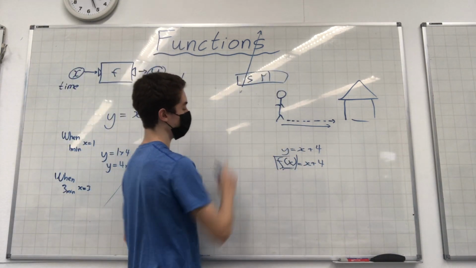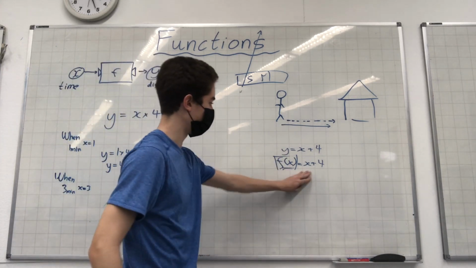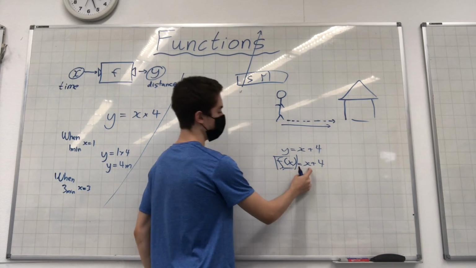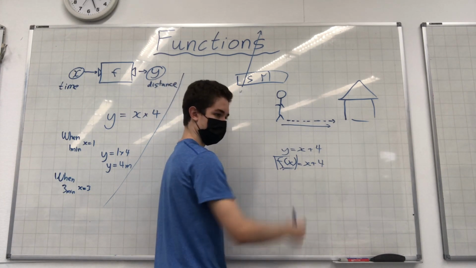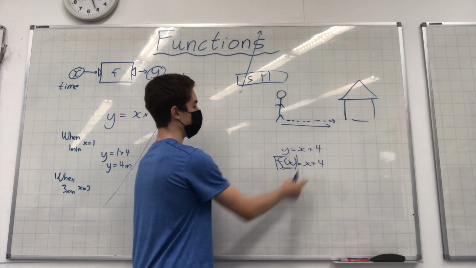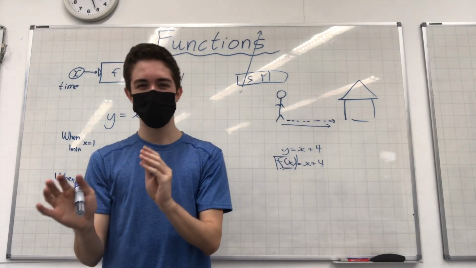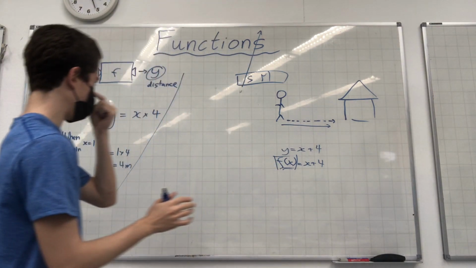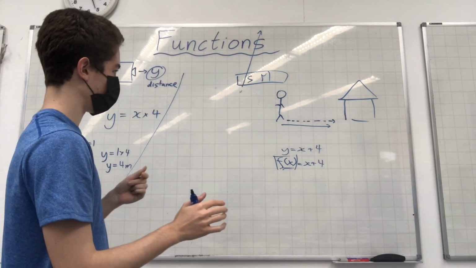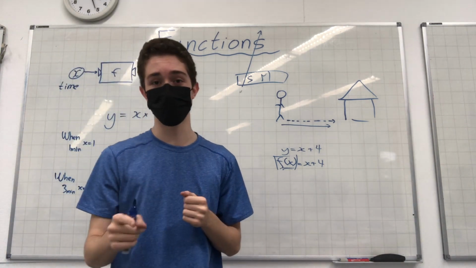Let's say you're going home as well, but for every minute you walk, you are 4 meters more than the time in minutes. And this is kind of hard to explain, and actually that's going to be left to another video.